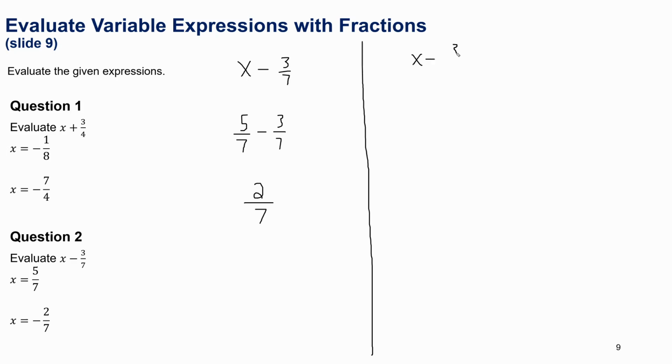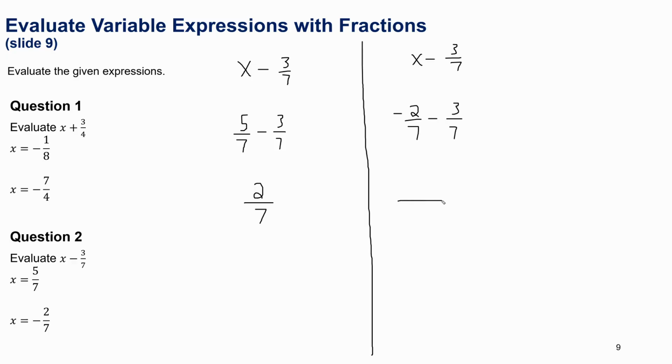Rewriting our expression again, x minus 3/7, we are now going to replace the x variable with negative 2/7 minus 3/7. Again, we already have a common denominator, so now we are doing negative 2 minus 3.